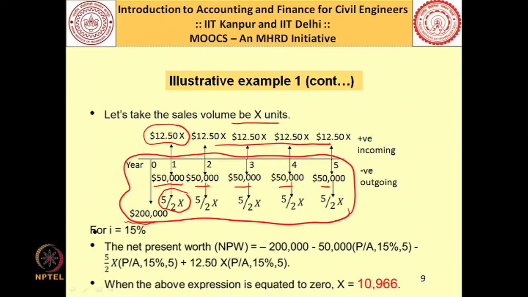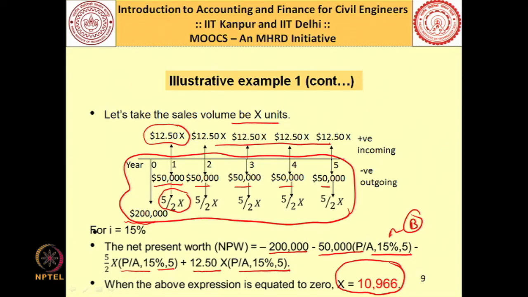The net present worth becomes minus 200,000, for the buying option, minus 50,000 P given A at 15% for 5 years, plus 5 by 2x P given A at 15%, 5, equated to 12.5x P given A at 15%, 5. When you solve this, you get x equal to 10,966.